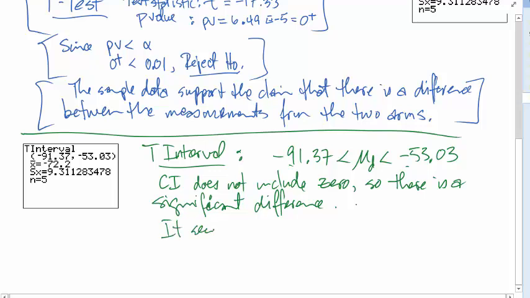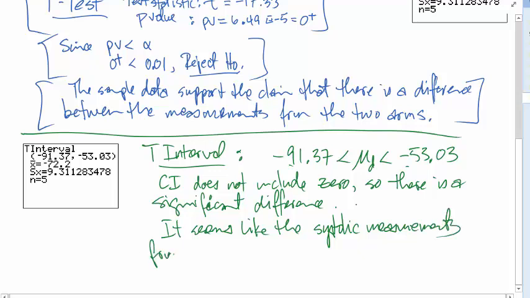It seems like the systolic measurements from the left arm seem larger.